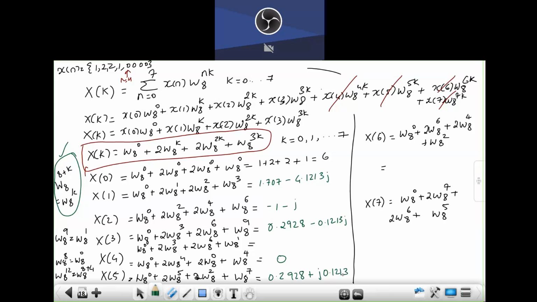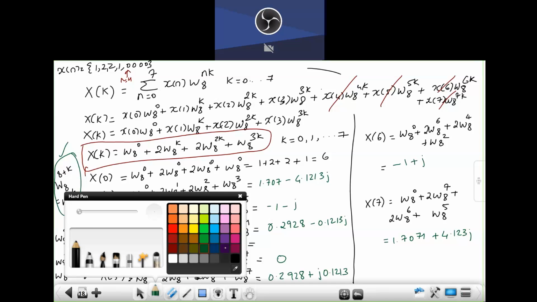Okay. X of 6 is minus 1 plus J and X of 7 is 1.7071 plus 4.123J. All right. So if you observe even here, you can find the complex conjugate values.